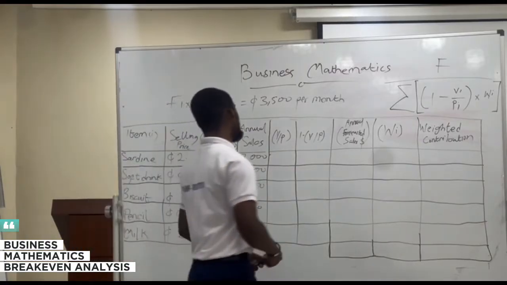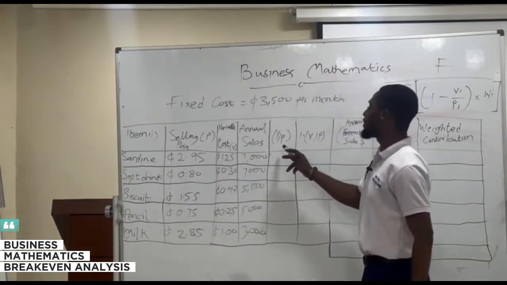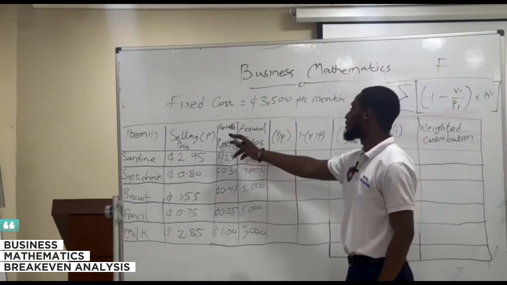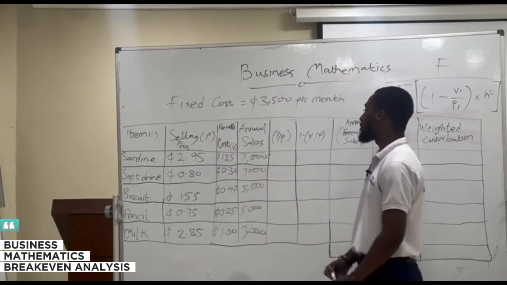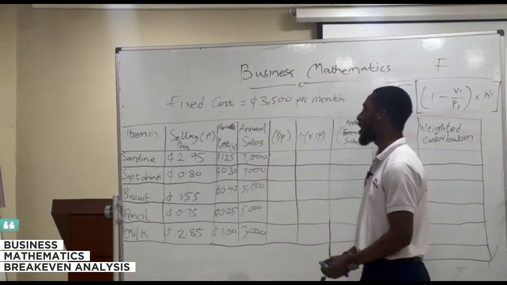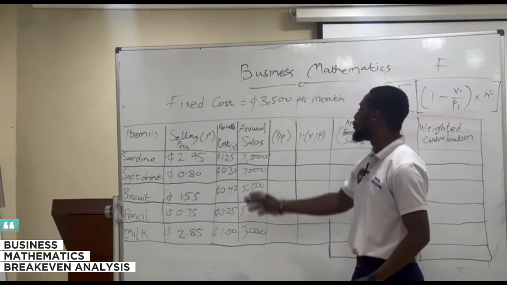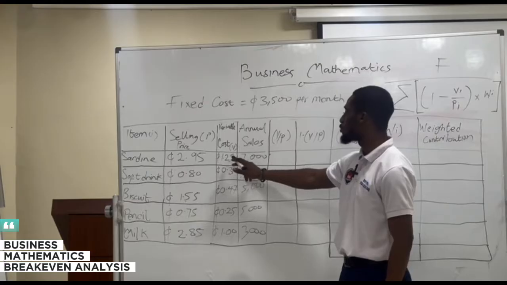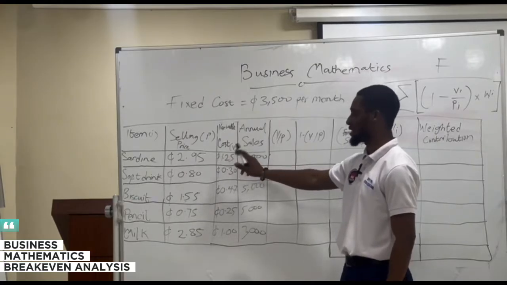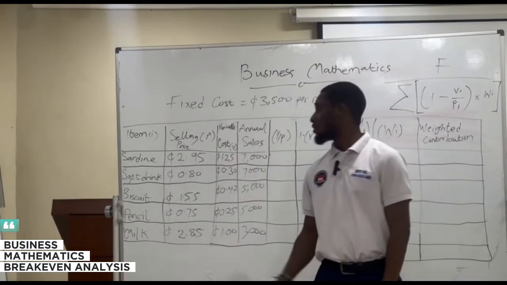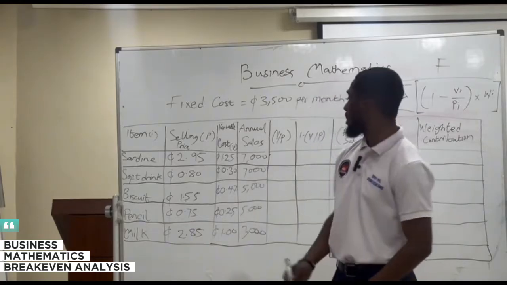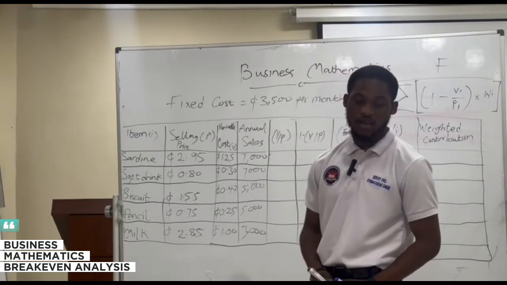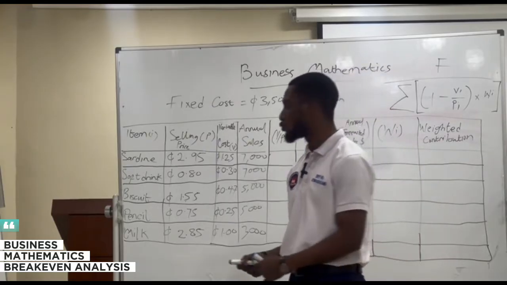Now, how then do we find VC divided by P? We know that VC stands for variable cost, and we know that P stands for selling price. So we divide our variable cost for sardine, which is 1.25, by 2.95, and here we will get 0.42.